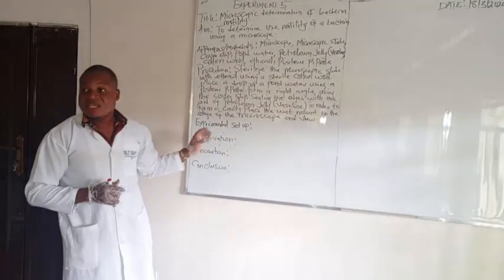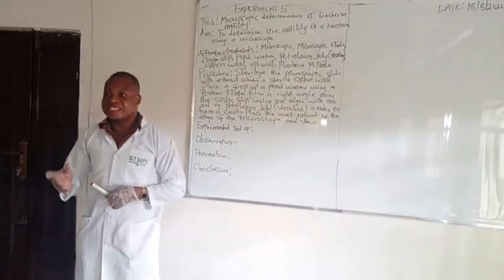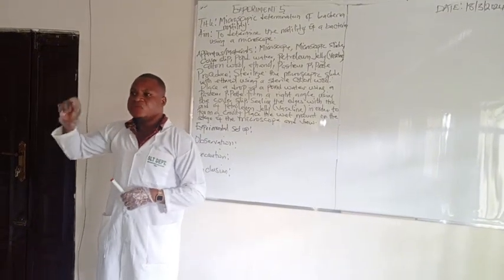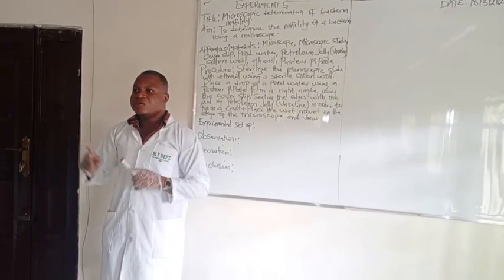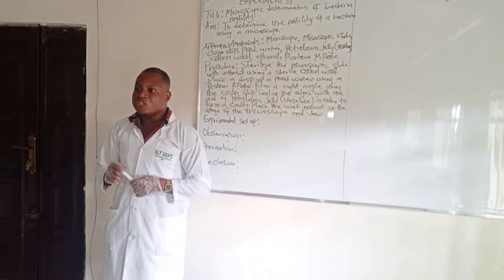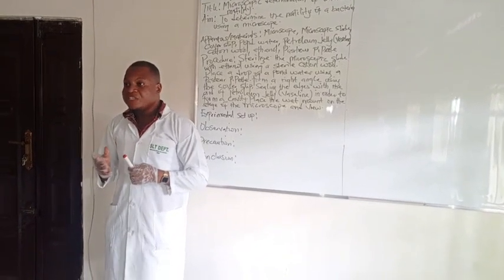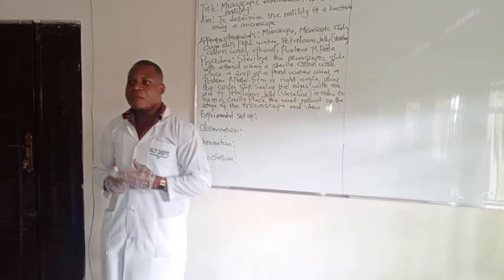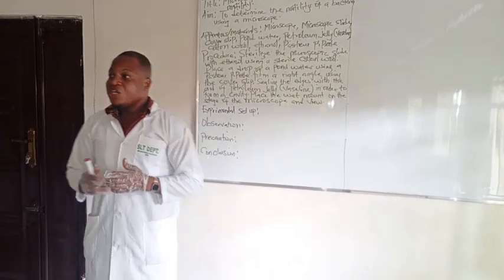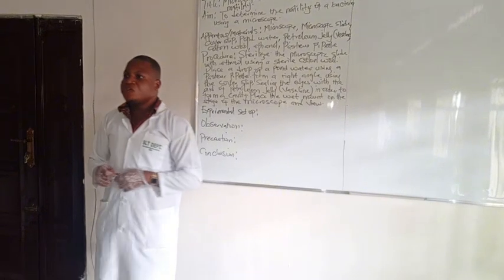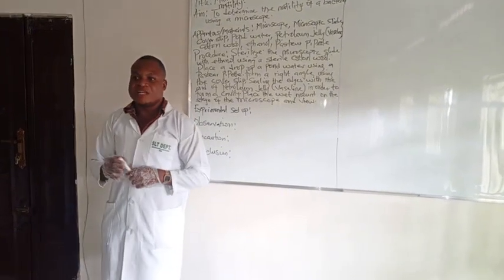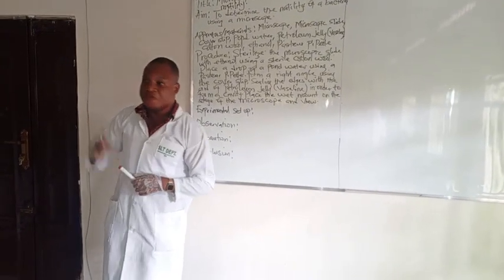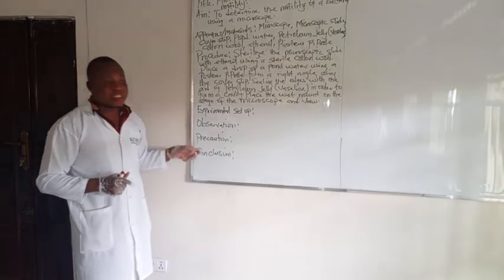Whatever you have seen on the microscopic slide, you take a detailed diagram of that together with the labels. I have told you, you see organisms like the Paramecium, amoeba, the green algae, and also the molds on the slide of the microscope when you view using the 4 times.